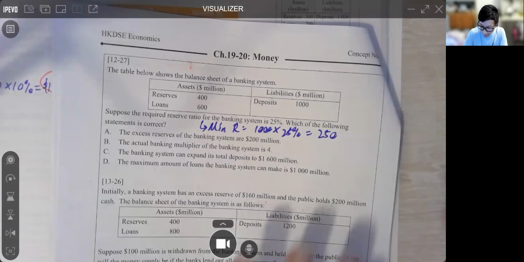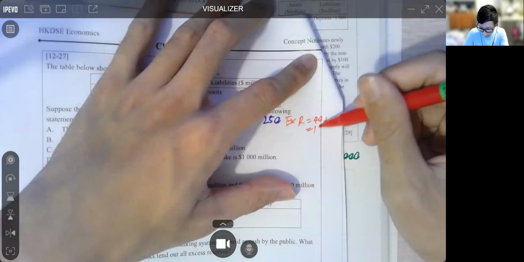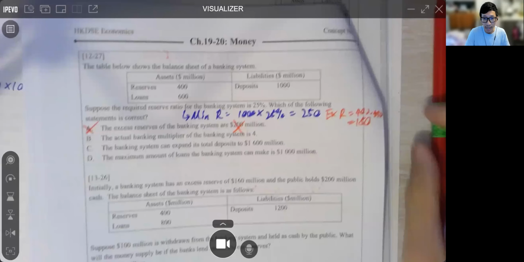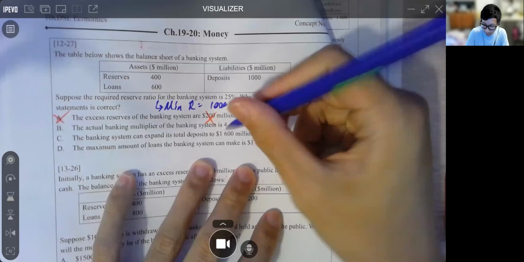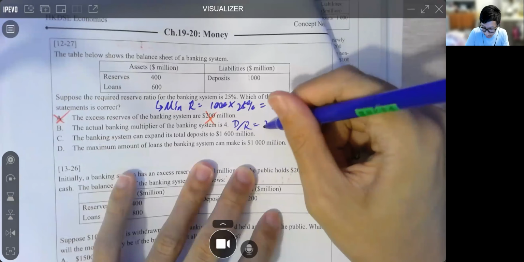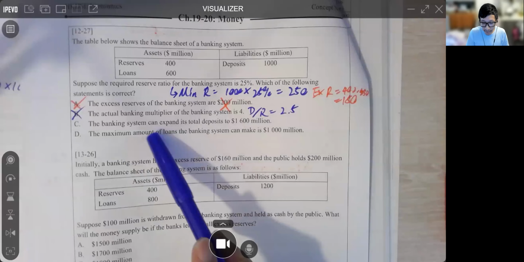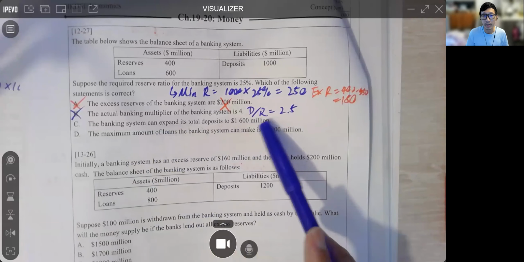Therefore, the excess reserve would be 400 minus 250, which would be 150. Not the answer we want. 150啊，OK? Actual banking multiplier, 記唔記得 actual 點計啊？Actual banking multiplier is deposit divided by actual reserve, which in our case is 2.5. Also not the answer we want.